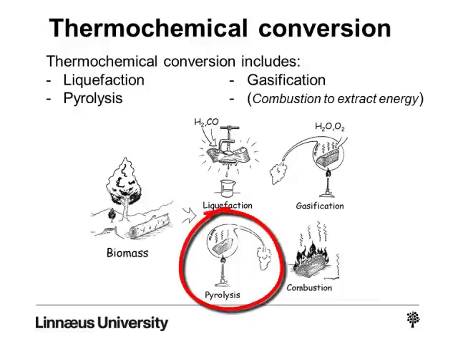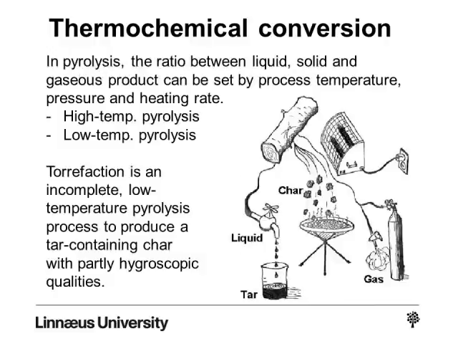It's pyrolysis. In pyrolysis, the only thing you do is you heat up the fuel. It's a dry distillation, and the pyrolysis process produces three different types of products. It can be a liquid pyrolysis oil or tar.